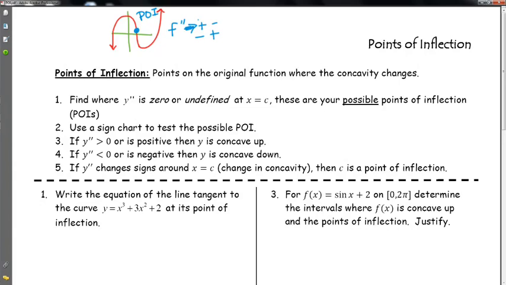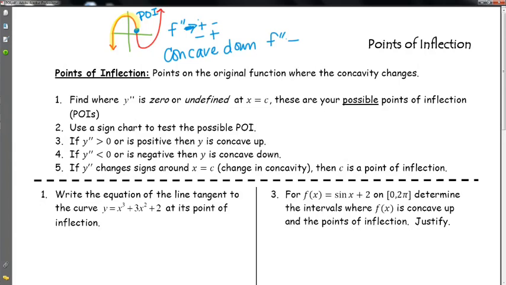The other part that we're going to be talking about is concavity, and what that means is which way it is curved. If it is curved down, that means it's going to be concave down, and that means your f double prime is negative.